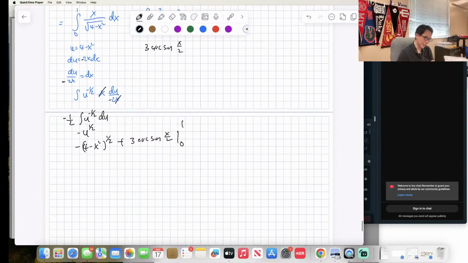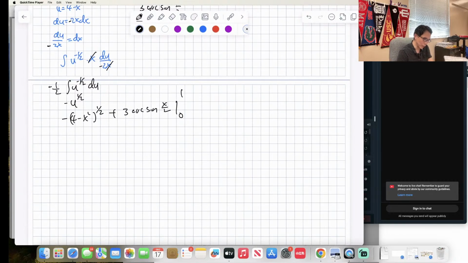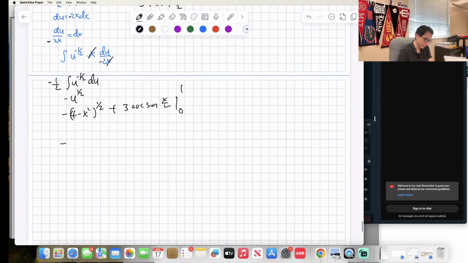Now, since they use substitution on the left hand side and the other side is the other side, I'll just go back to x because I can just do it all in one. 2 minus 1. I like flip it to make it.